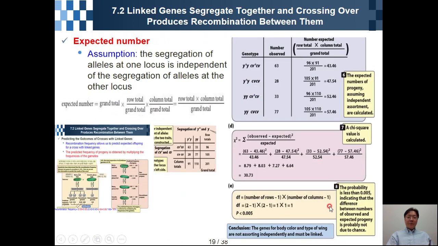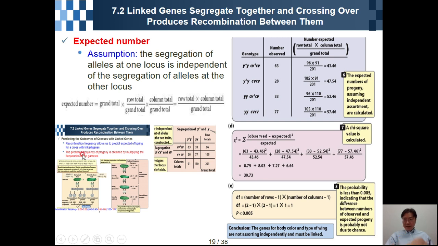After that, we have to make the expected number. Before we calculate the expected number, we have an assumption. The assumption is that segregation of the allele at one locus is independent of the segregation of the allele at the other locus.